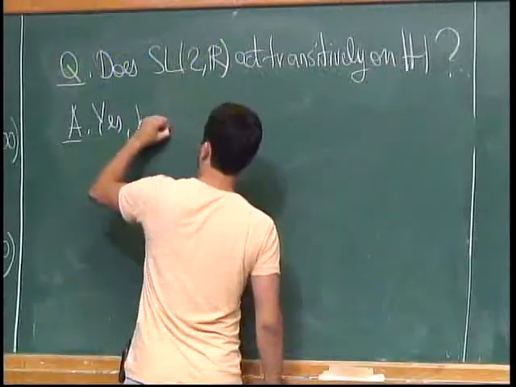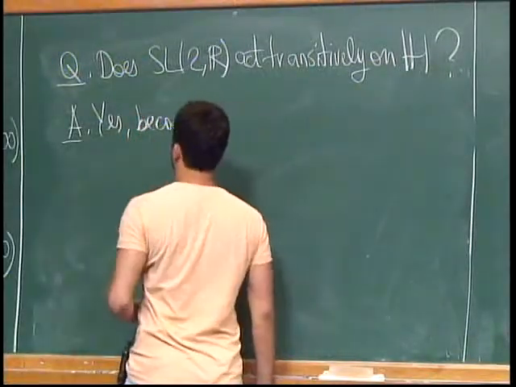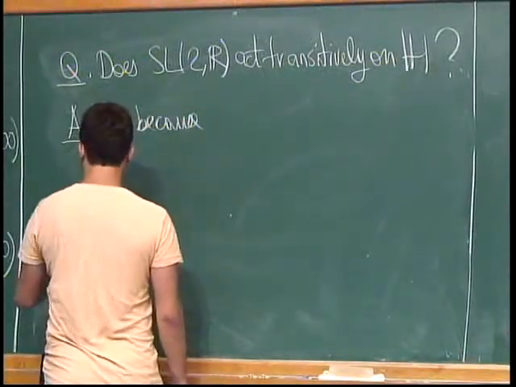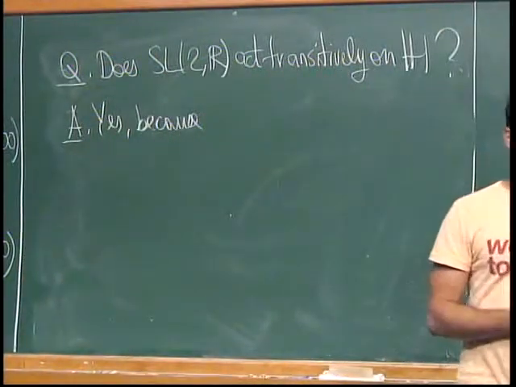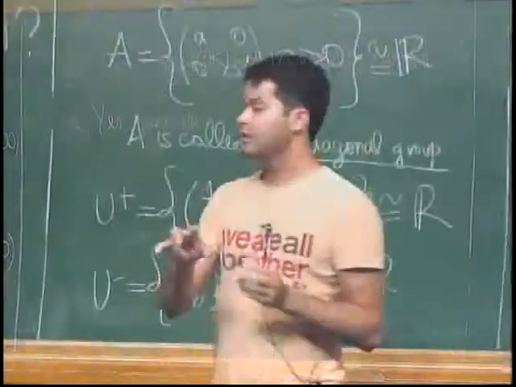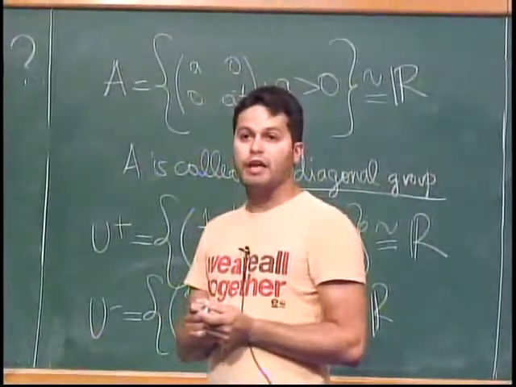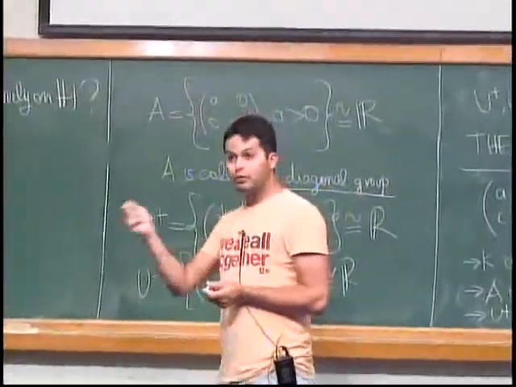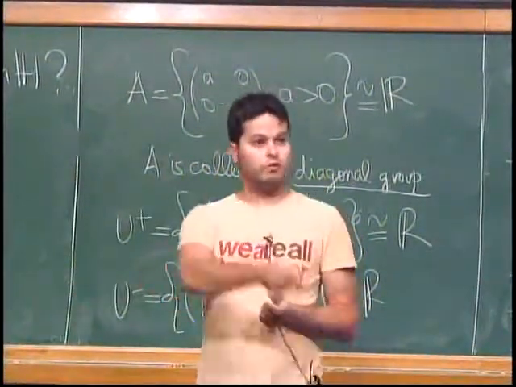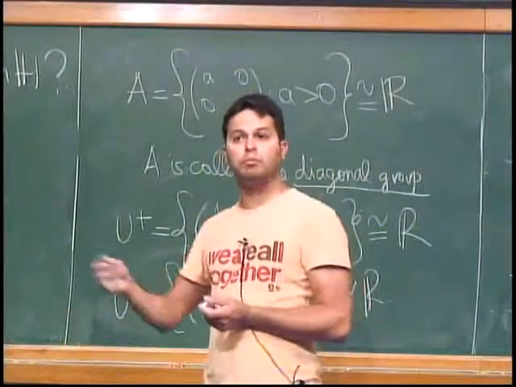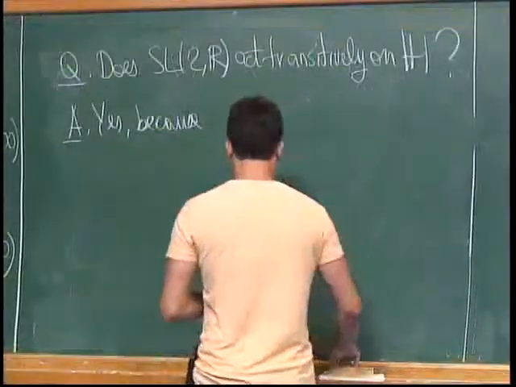Because I can fix one of the points. I have two points. Let's say that one of the points is I. If I can show that I can go to anything, then anything can go to anything: just go to I first, and then from I to this other point. So yes.